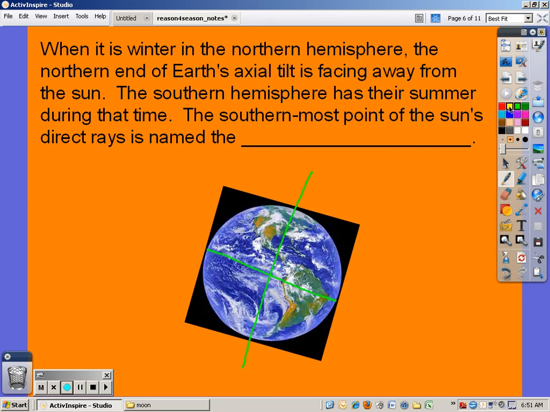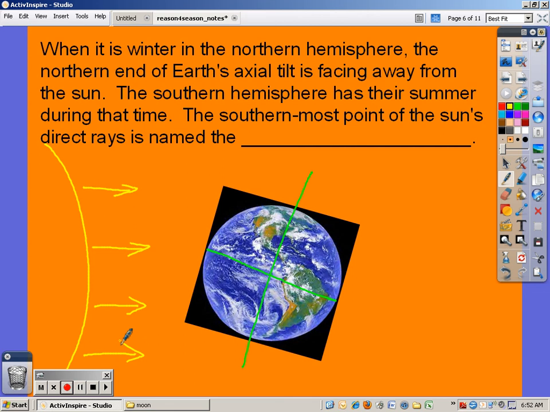But now, since it's 6 months later, we have revolved around the sun, and now we are on the other side of the sun, and now the direct rays are hitting the southern hemisphere.